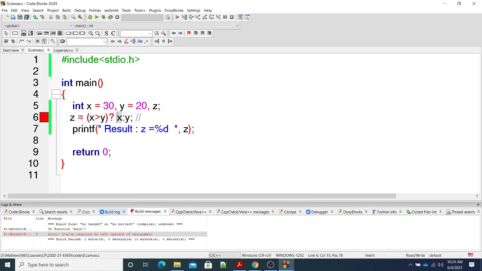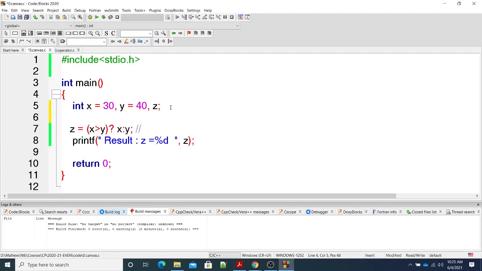So in that case, the larger of 2 is assigned to the LHS. When y is larger, naturally this will become false. Then y will be assigned to the LHS. That means 40 will be assigned to the LHS. And in either case, we get the larger of 2 numbers.